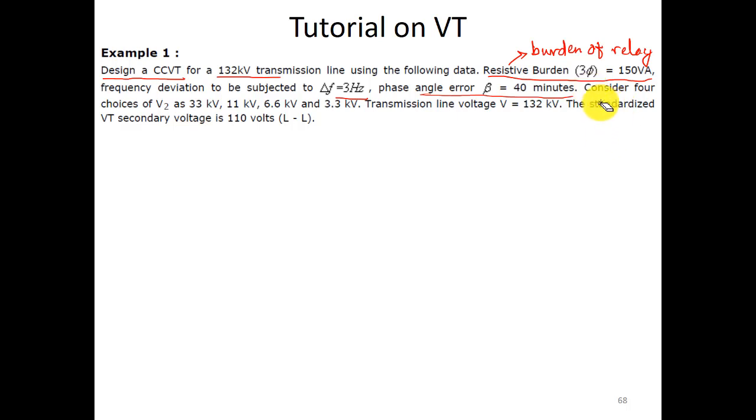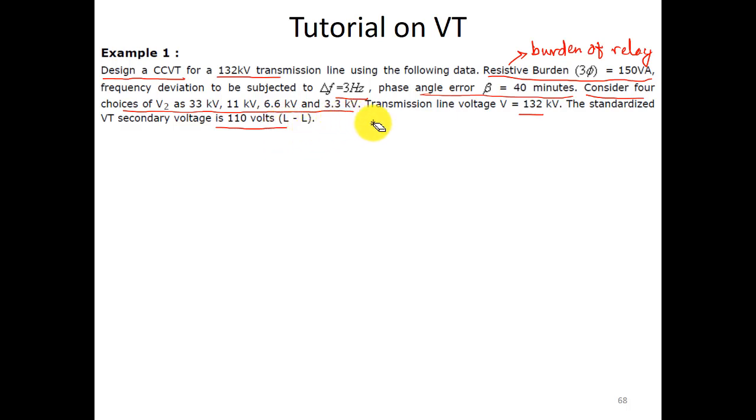So consider four choices of voltage. Considering these four choices, V2 as 33 kV, 11 kV, 6.6 kV and 3.3 kV. Transmission line voltage is 132 kV, it is given, and the standardized VT secondary voltage is 110 volt. Now we need to design this voltage transformer.